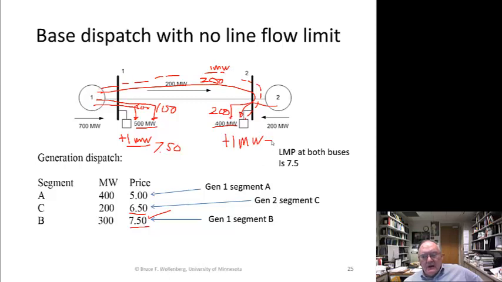So I supplied that extra megawatt at 7.50 over here. So LMP at both buses is 7.5. No matter where I am in the system, if I put 1 more megawatt on, I pay 7.5 because I'm buying it from this generator.